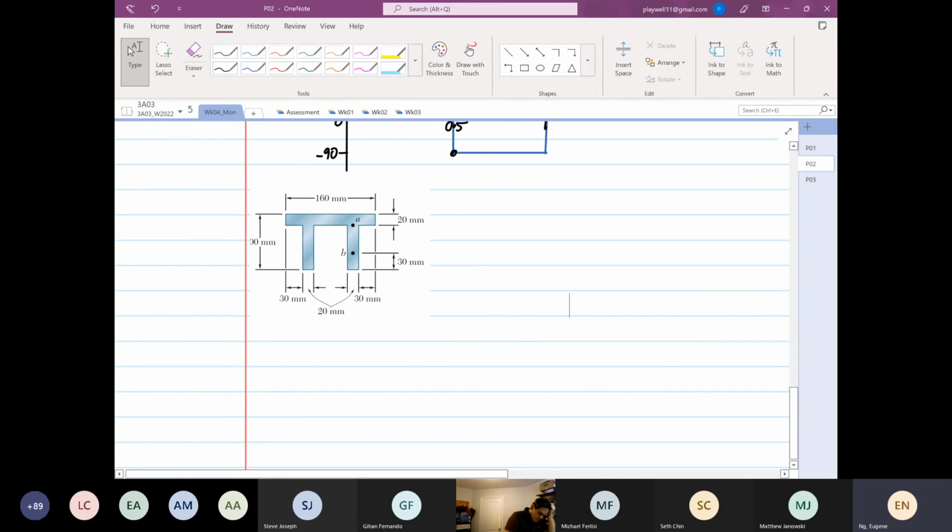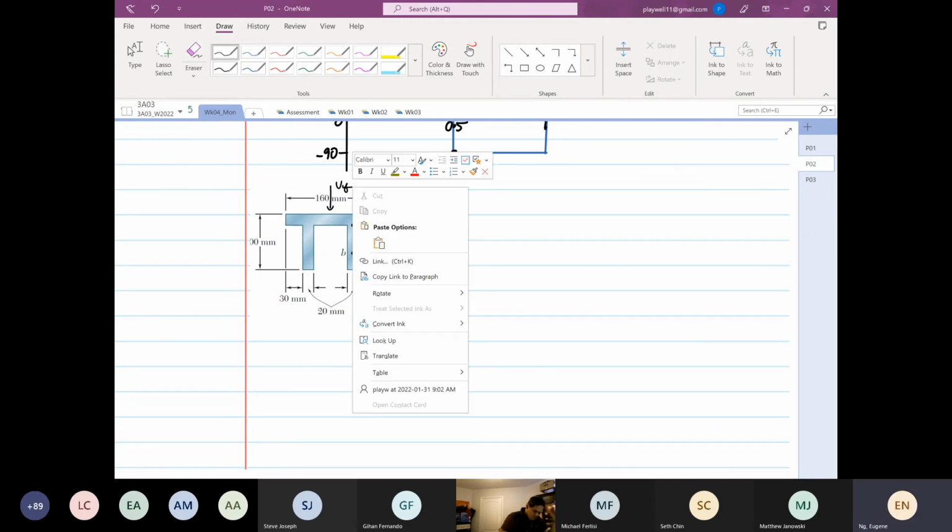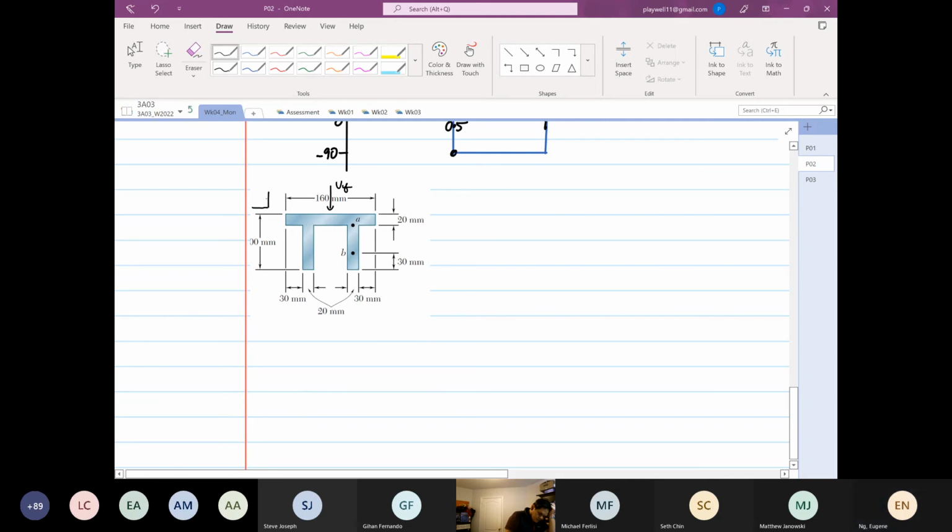So if I were to draw our forces, this is our Vy, and this is our transformation, Y, Z, rotation about Z, about X. We are going to find the shear at the plane intersecting the axis X, and it's going to be Y, and we're going to find at A. The formula is Vy over IZZ, times QZ, divided by T. So what do we know?